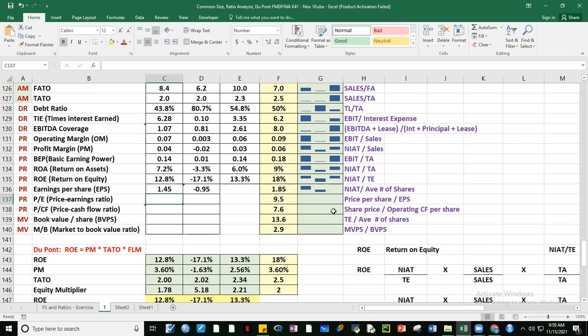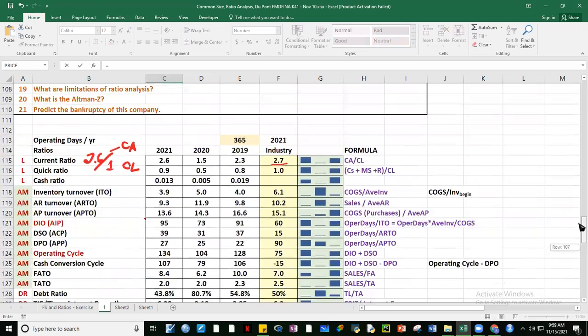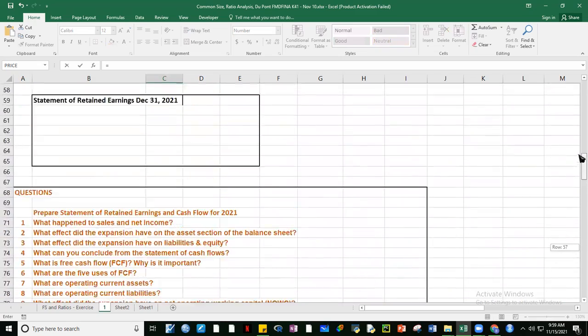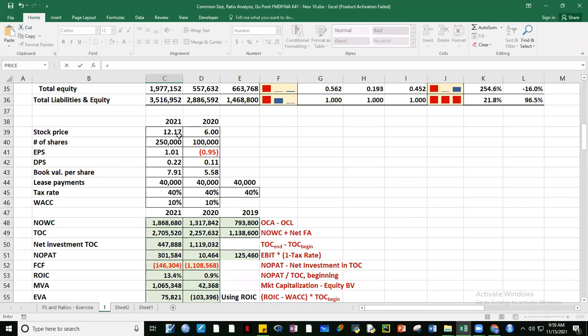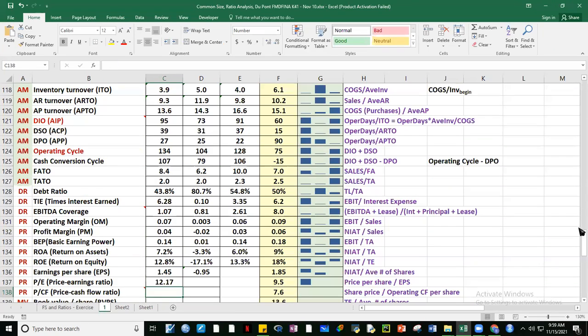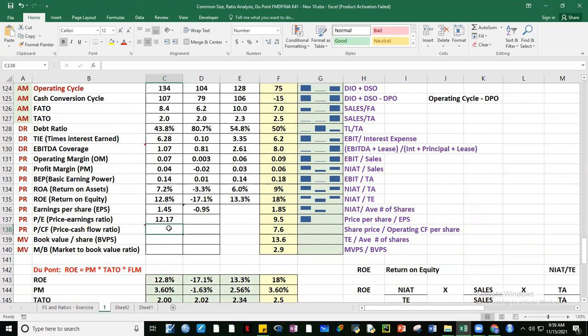Okay, last two, guys, price earnings ratio. Price per earnings ratio. The formula is how much the price per share is this year divided by the EPS. This is now our EPS. So how much is our price per share? Okay, how much is the price now? It's this, 12.17. Okay? Divided by EPS. Okay, price per share divided by EPS. Okay, 8.4.